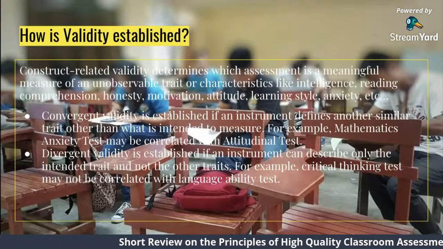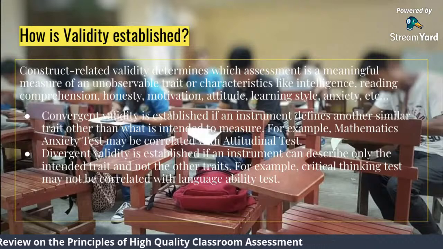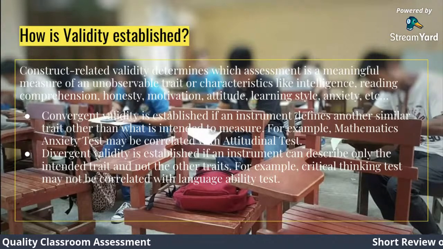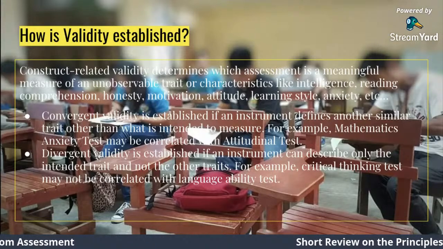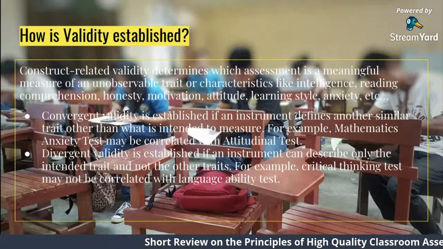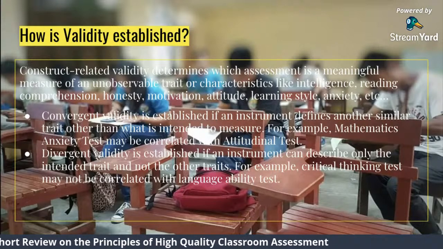I could correlate this with the result of an attitudinal test. So in our example, there are two instruments and we can correlate them, okay? So we can establish what we call convergent validity.